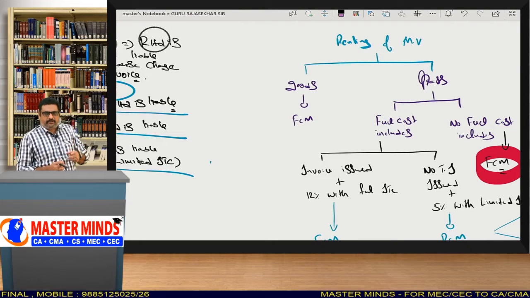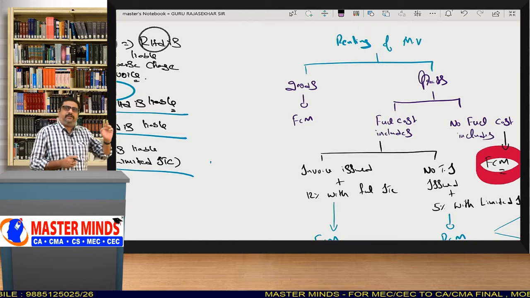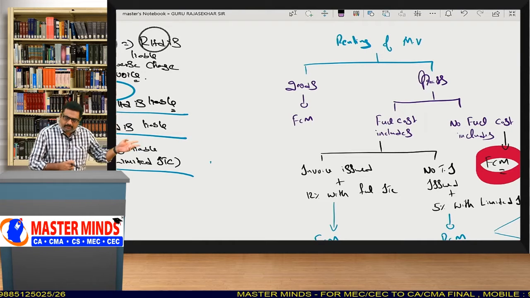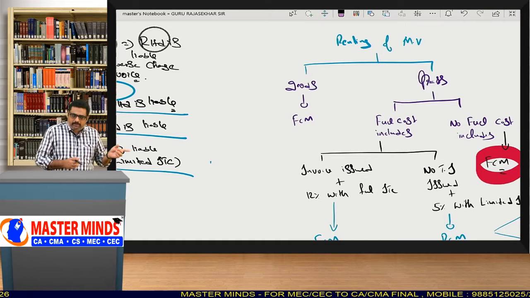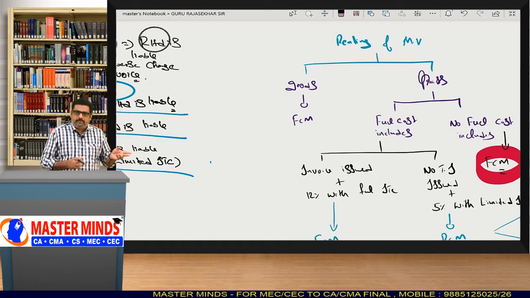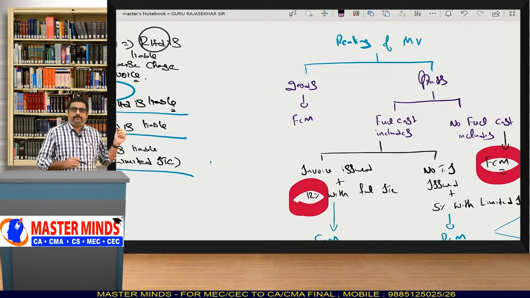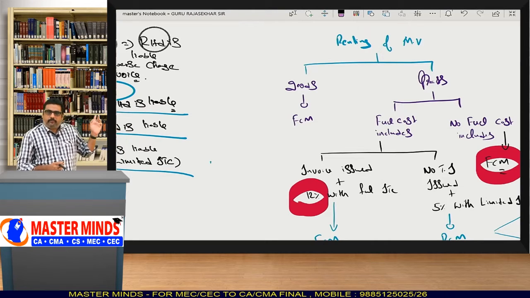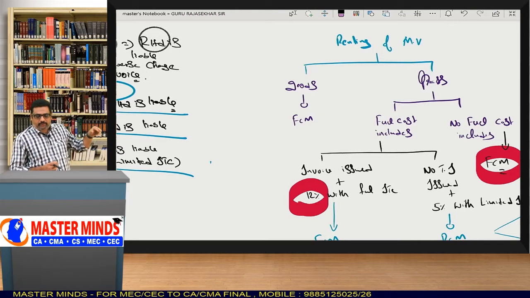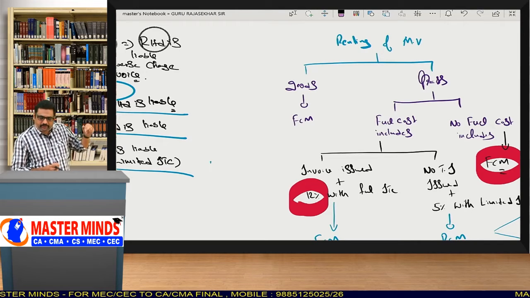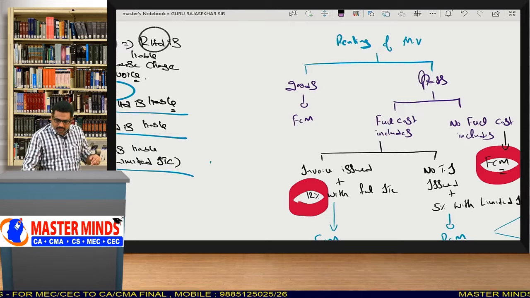Then can we apply RCM? No. We have to check what tax rate is charged, whether it is 12% or 5%. If 12% tax is charged, even though the cost of fuel is included in the consideration, still FCM is applicable.